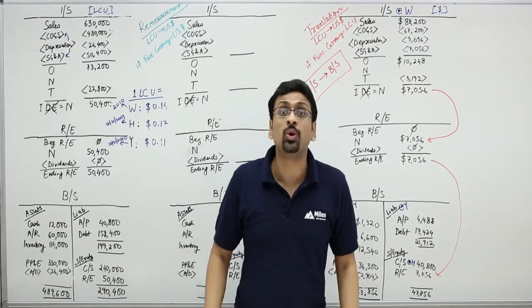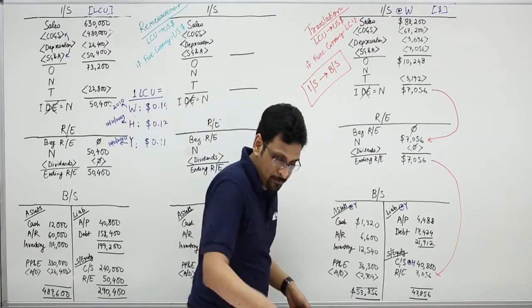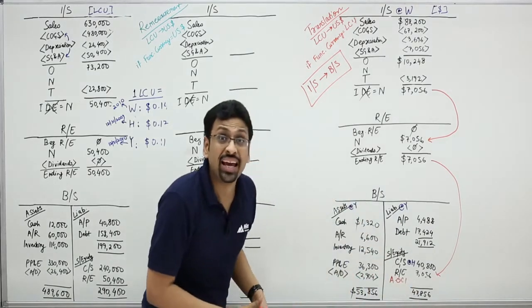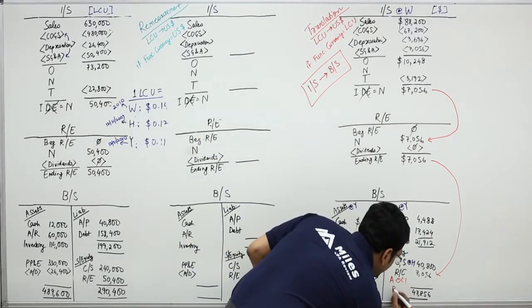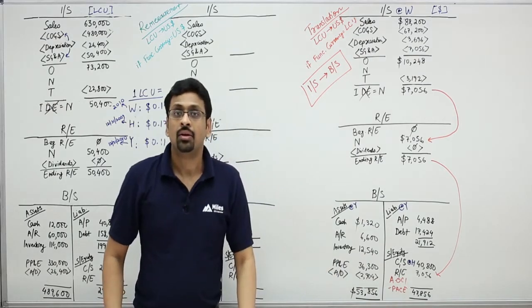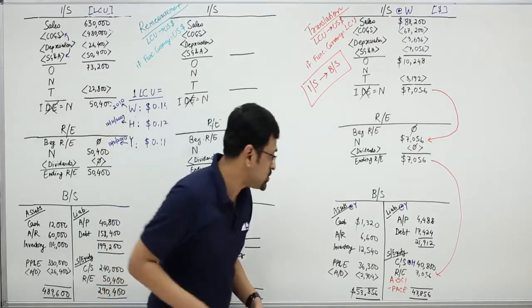And this plug, we would call it accumulated OCI. Guys, if you recall, we said OCI, accumulated OCI, that's PACE, P-A-C-E. And the C of the PACE, that was currency translation.